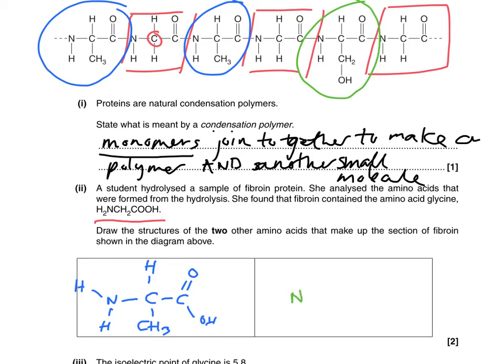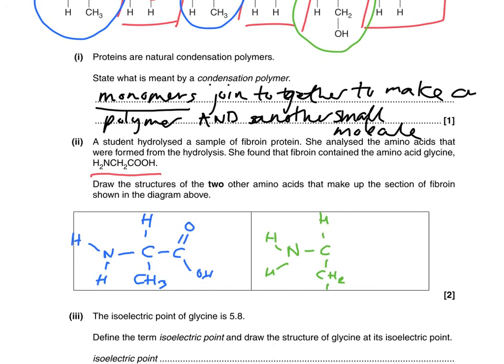And on our other side, exactly the same. So our NH becomes NH2. I'm running out of space, aren't I? Can I move this up slightly? There's our other amino acid. 1 mark for each one.